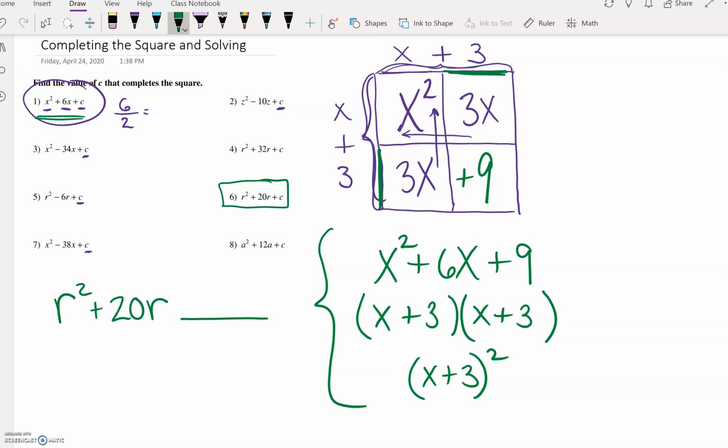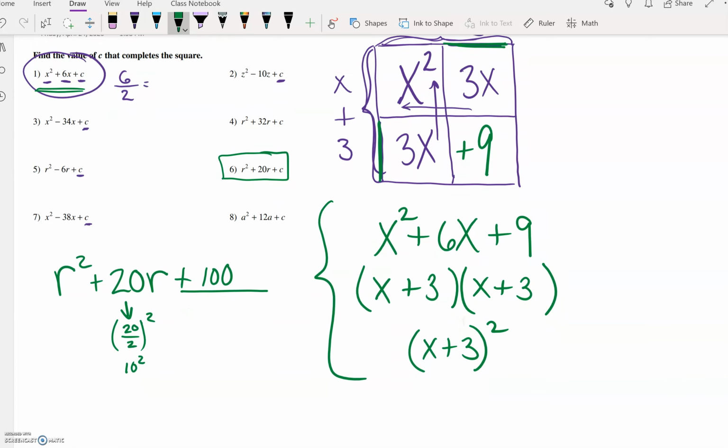The missing piece, this missing part that is going to complete the square, is always going to be half of your b value, so you take half of it and then square it. So 20 divided by 2 is 10. 10 squared is 100. That would be the number that would complete the square.